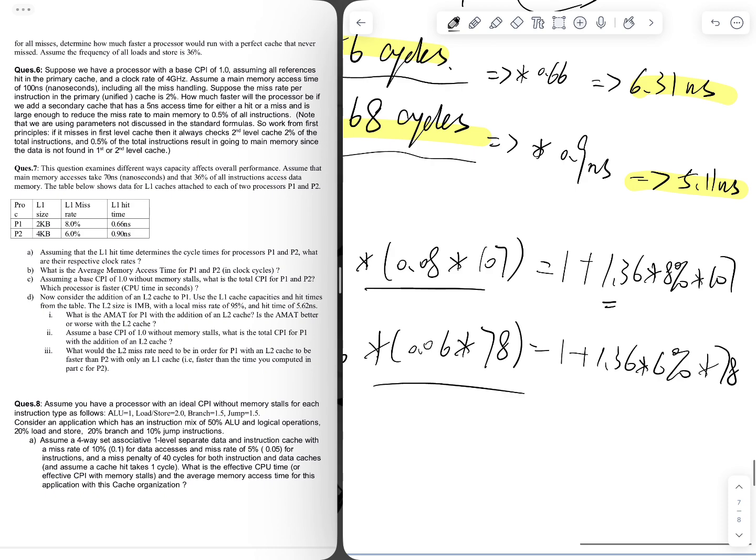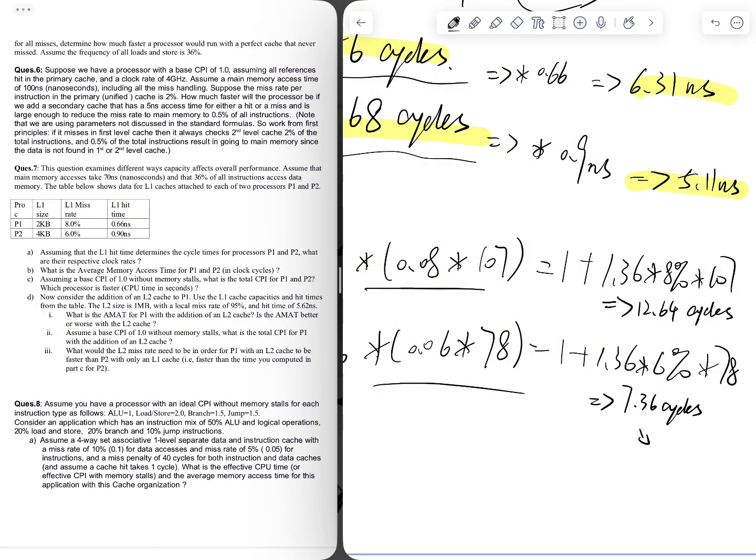Okay, so what we will get here is 12.64 cycles, and here it will be 7.36 cycles, right?